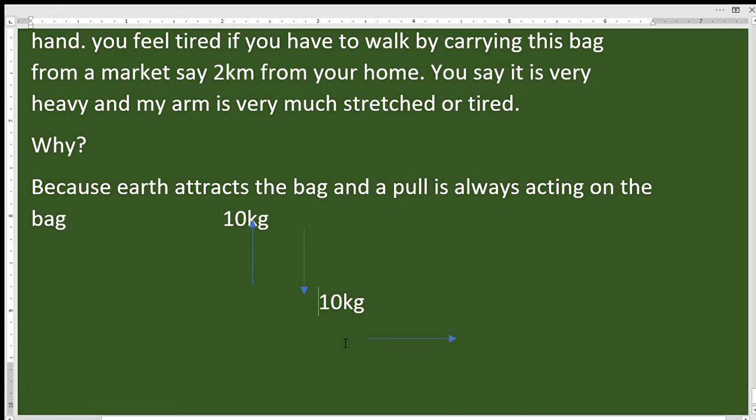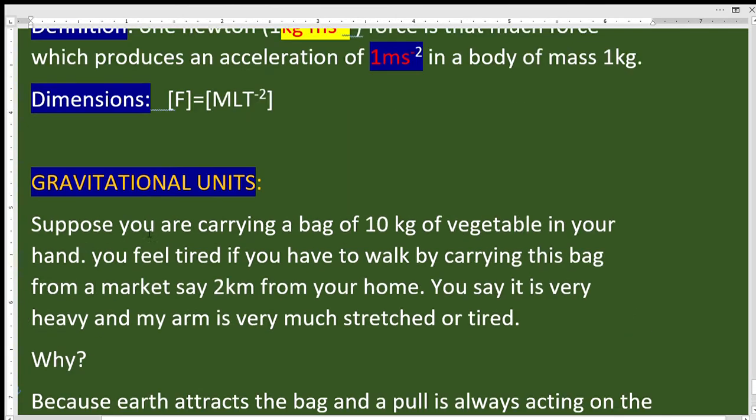Earth is applying 10 kg force in the downward direction. You are applying a force of 10 kg in the upward direction, so that you are balancing the earth's force and you can carry that bag. So this is very important to understand the concept of force, the gravitational and absolute units.